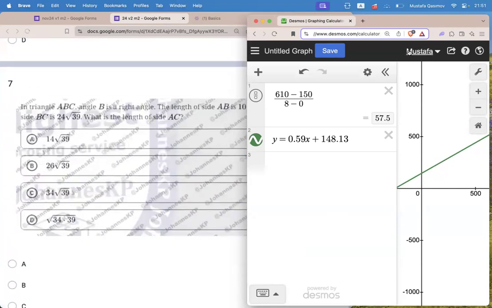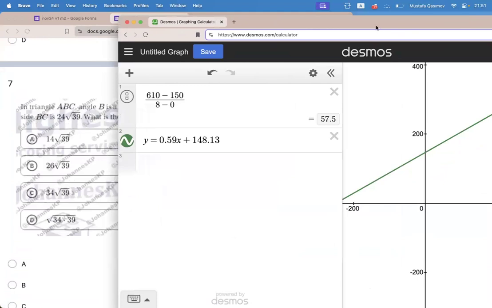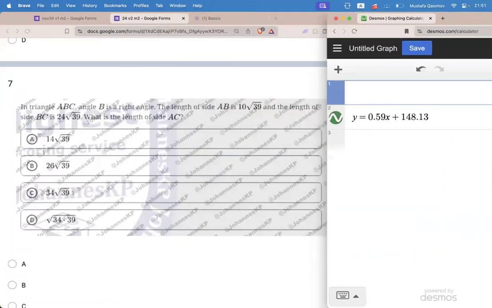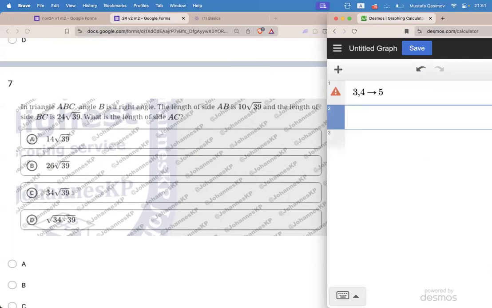7. For 7, we have to use the numbers 5, 12, 13. If you remember, in a triangle we have 3, 4, and 5, where 3 and 4 are our legs and 5 is the hypotenuse, and we also have 5, 12, and 13.